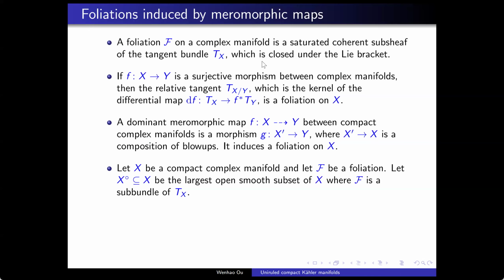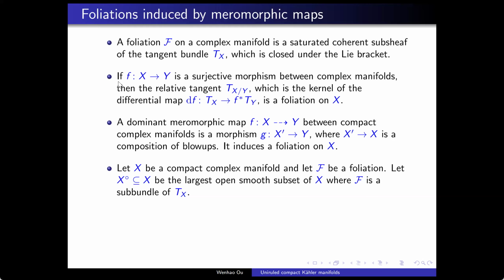And we also require that F is closed under the Lie bracket. To be precise, we can check that on the locus where F is a subbundle of T_X, F is closed under the Lie bracket.